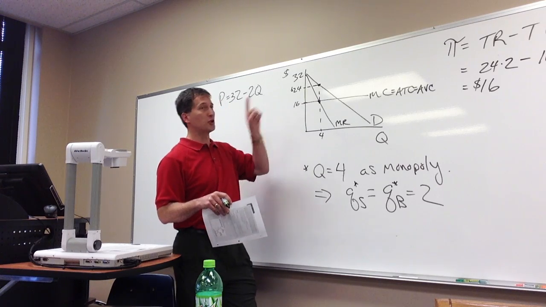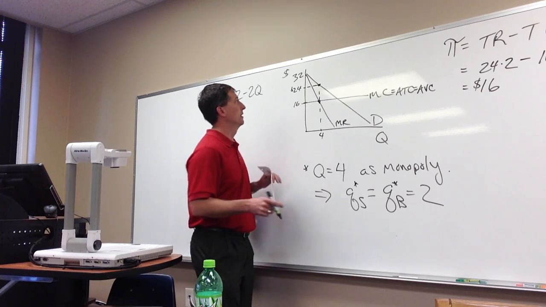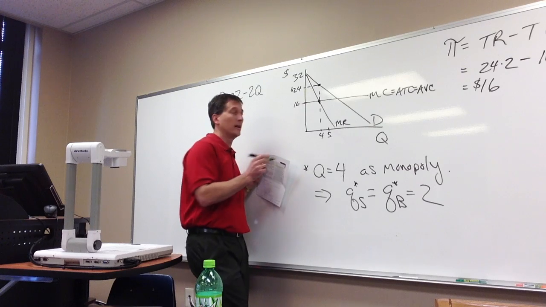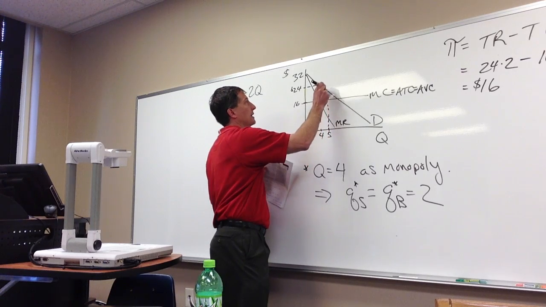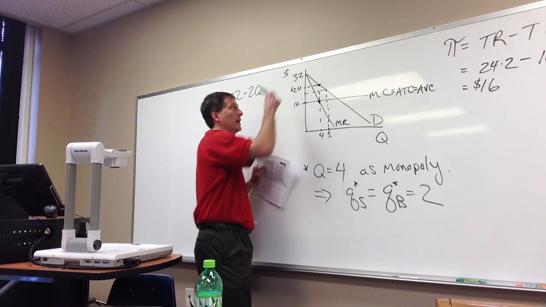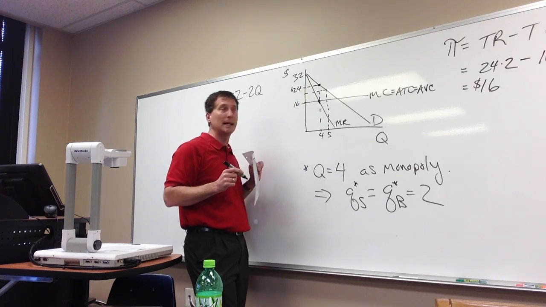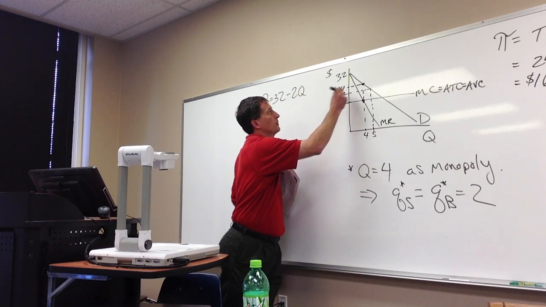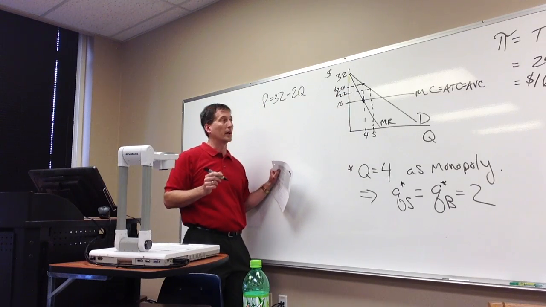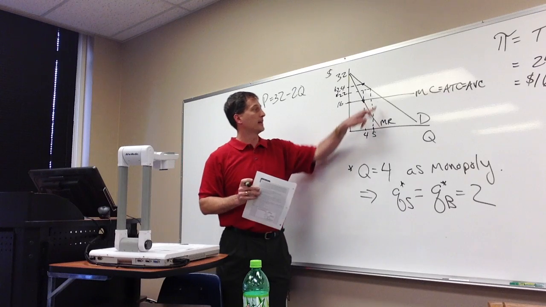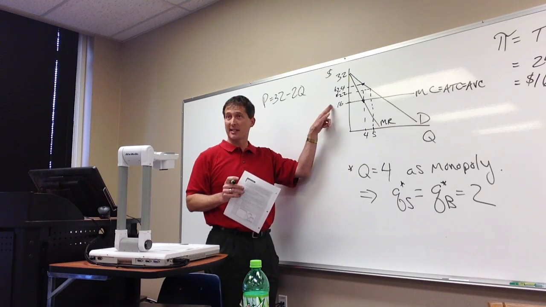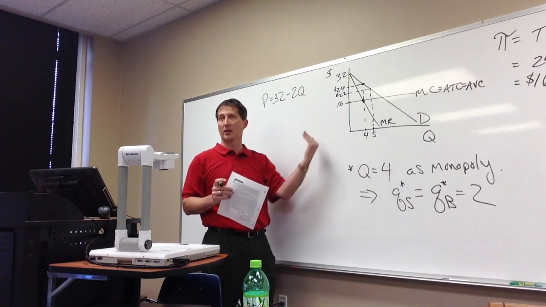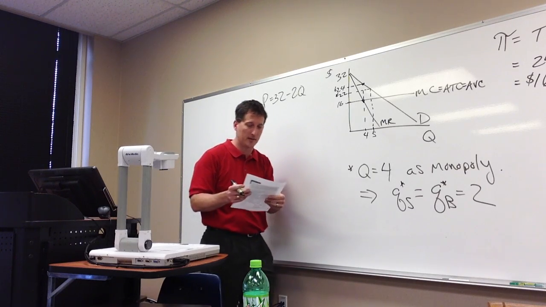If just Squeaky Clean cheats, it bumps the market quantity up to 5, so the price falls to 22. But that additional unit only costs 16, so that's still a profitable thing to do. And of course, the other company has the exact same incentive as well.